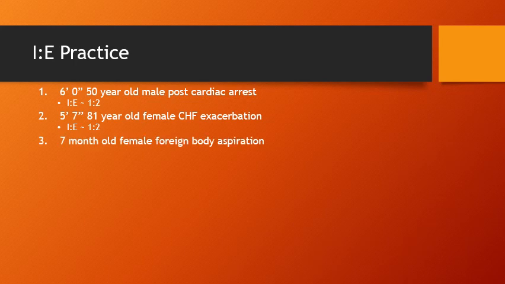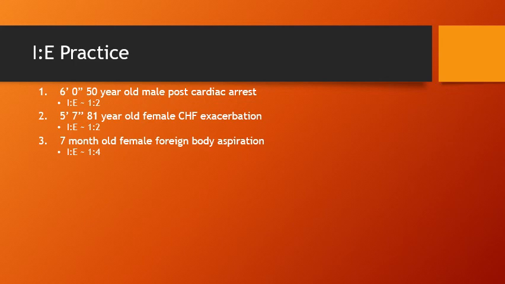Patient number 3, our 7-month-old female with a foreign body aspiration. Pause the video and pick her I to E ratio. And for this patient, we're going to say an I to E ratio of about 1 to 4. So we did talk about pediatrics needing an I to E ratio of 1 to 3 to 1 to 4.